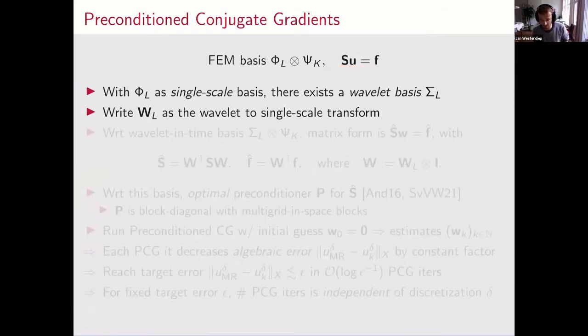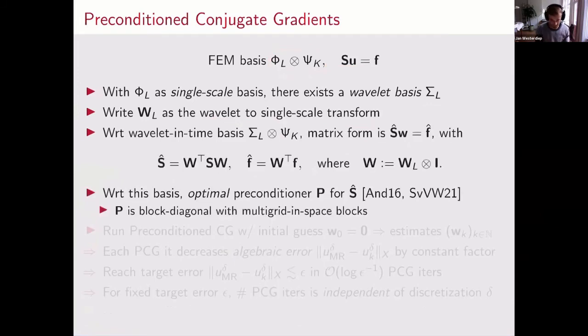But we can build a preconditioner in wavelet space. And it turns out, removing the technicalities, that we can build a wavelet to single scale transform. We can equip the trial space with a different wavelet in time basis.